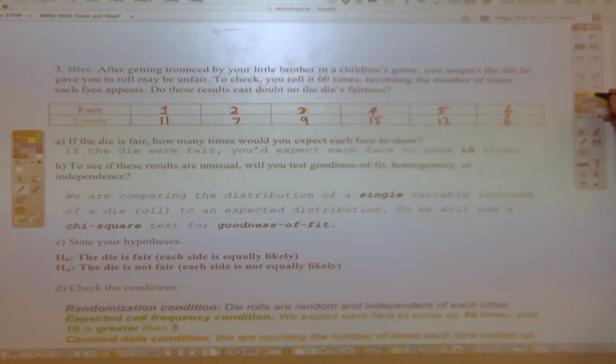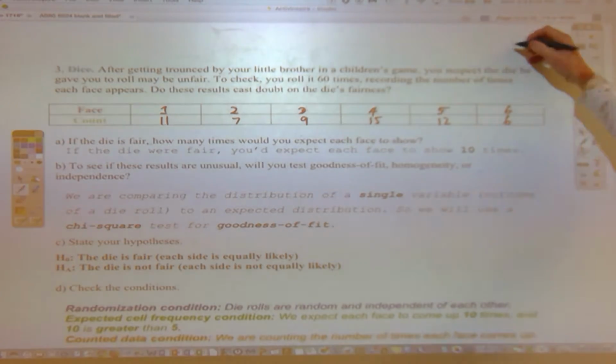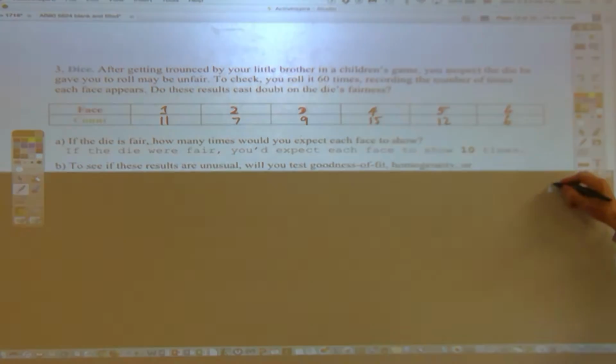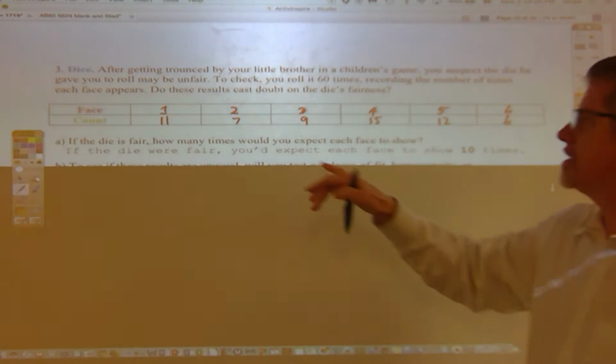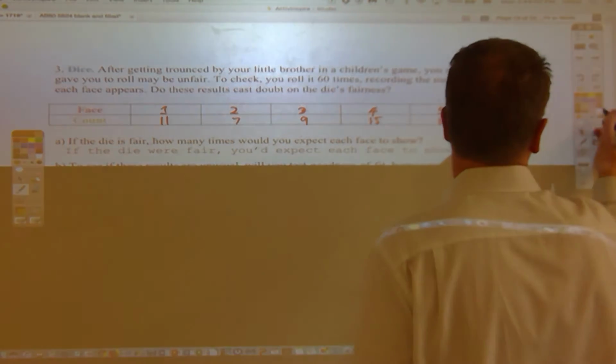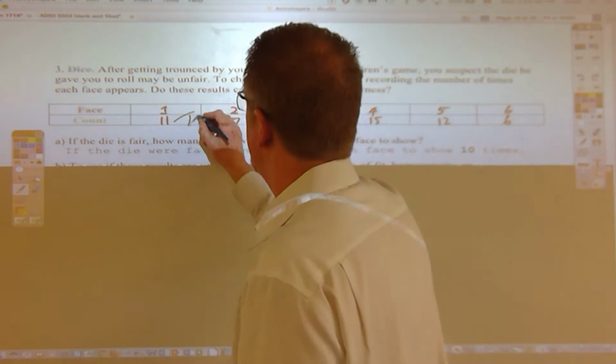Now, notice that when you roll a die 60 times, you would expect 1 out of 6 times to be a 1. So all of these have expected values of 10.